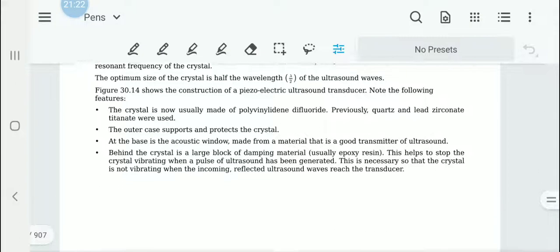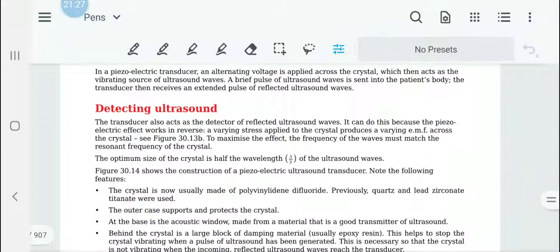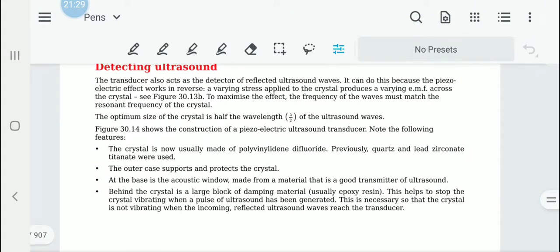In the 30.14 image in that picture, you will see the construction of a piezoelectric ultrasound transducer. There are these features.